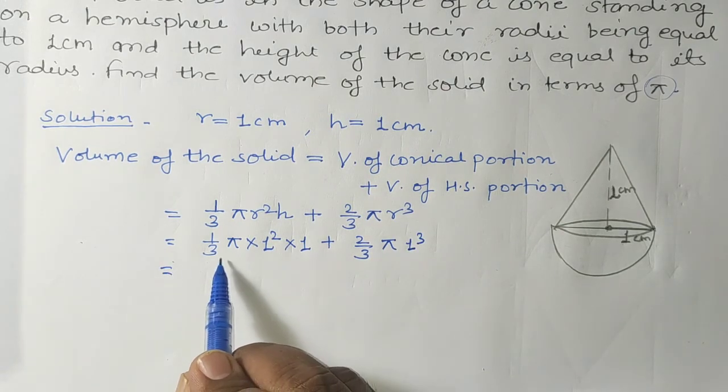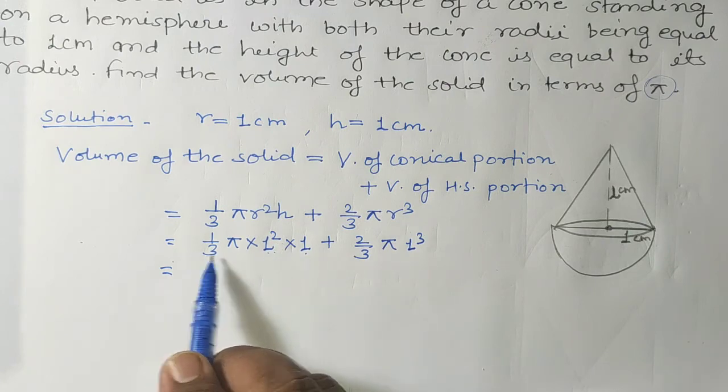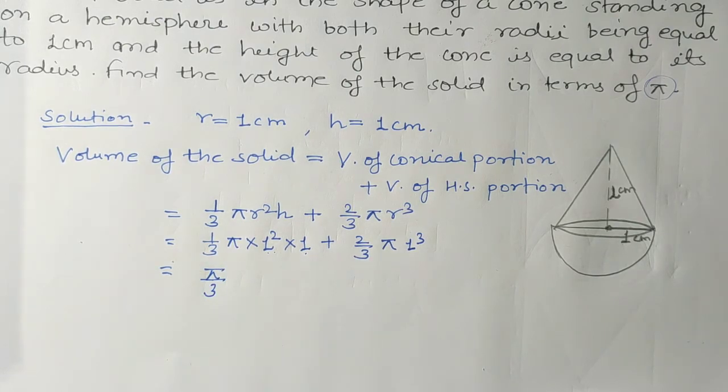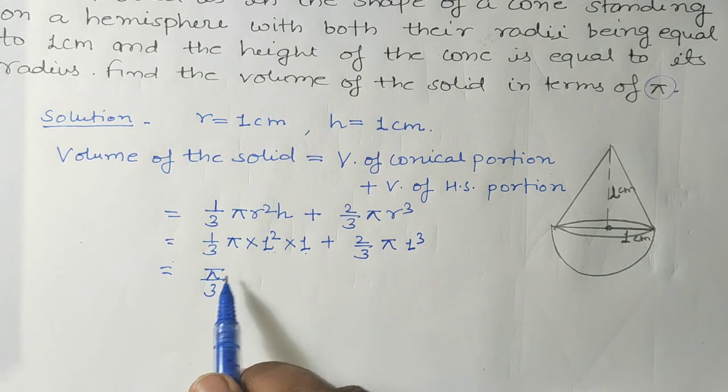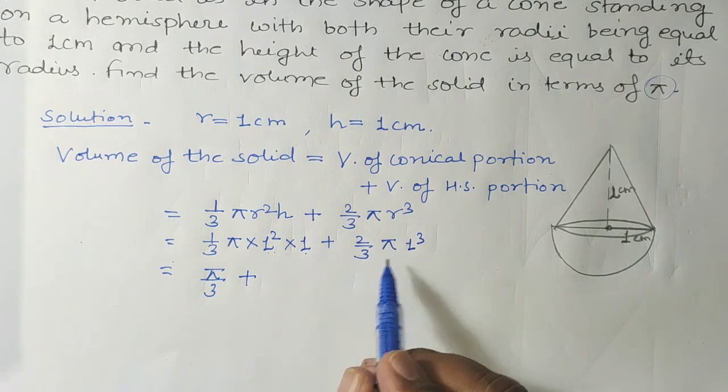Now see, 1 square is 1 into 1, that is 1. So the whole term is what? Pi by 3. When you multiply it all, you will get pi by 3. And from here what you will get? 2 by 3 pi.